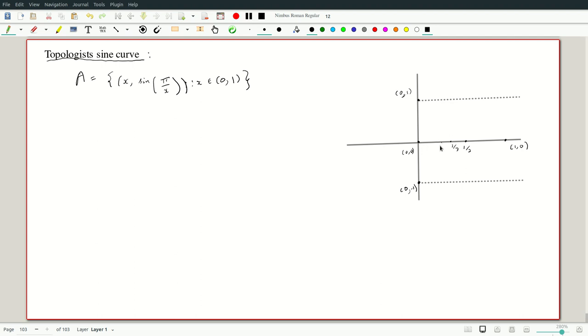And then you have 1/4. At all of these, it passes through the origin. And in between, it oscillates. So this is a function that goes down here. It's not very true because it's getting sharper, goes up, goes down, goes up, and then keeps oscillating more and more rapidly.